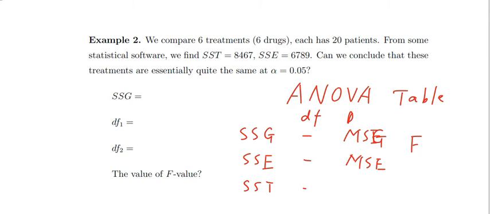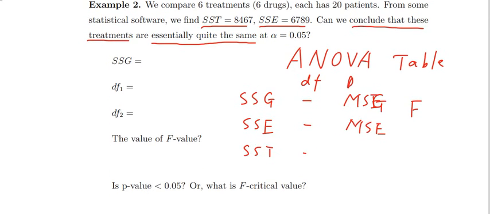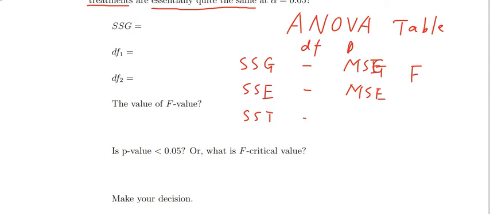So now let's consider this problem. We already know, or I just tell you, SST equals this and SSE equals this. Then make a decision. Can we conclude that these treatments are essentially quite the same or not the same? Okay, so we just need to find the F value, right?